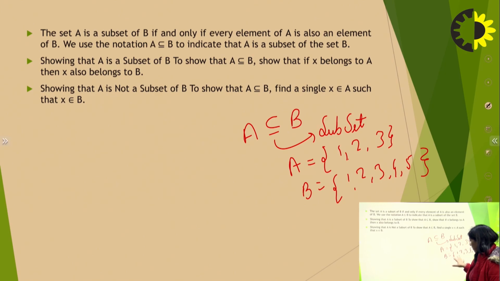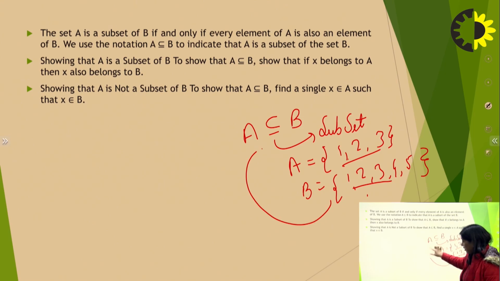In set B, we have elements 1, 2, 3, 4, 5. The elements 1, 2, 3 of A belong to B. Then we can say A is a subset of B.